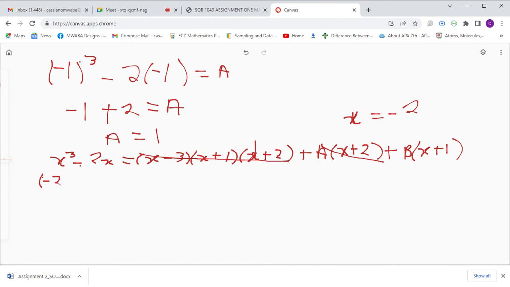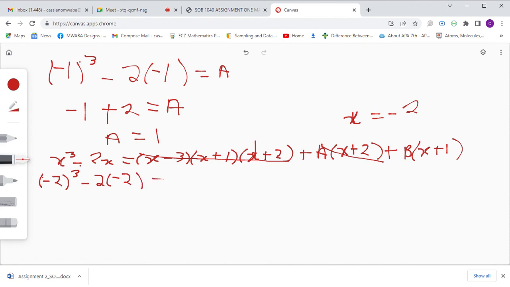So on this side we're going to first have -2 cubed minus 2 times -2, equals b open brackets -2 plus 1. That's -1.